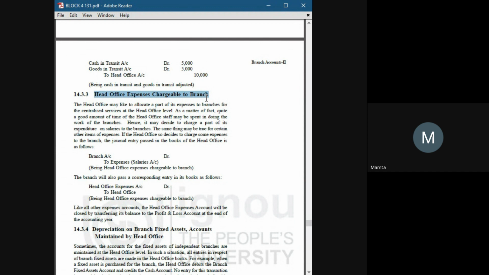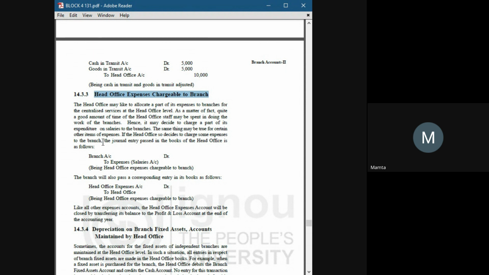Suppose you are an employee of the head office, and you are commanded to go to the branch and do some audit work. For 2 to 3 days you are working in the branch.